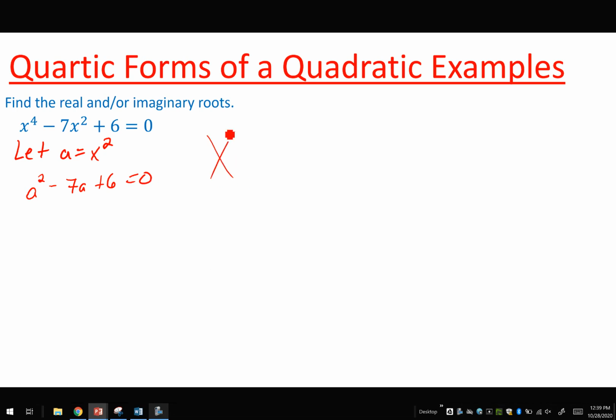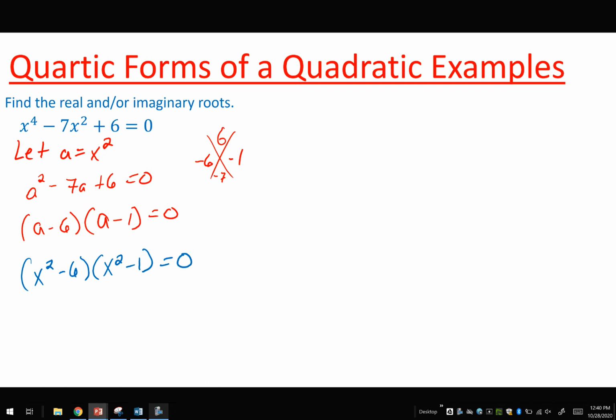Let's see if we can factor this. So 2 numbers multiply to get 6, add up to be negative 7. Negative 6, negative 1. So this becomes a minus 6, a minus 1 equals 0. But I know a is x squared, so I'm going to rewrite that using x squareds. So x squared minus 6, x squared minus 1 equals 0.